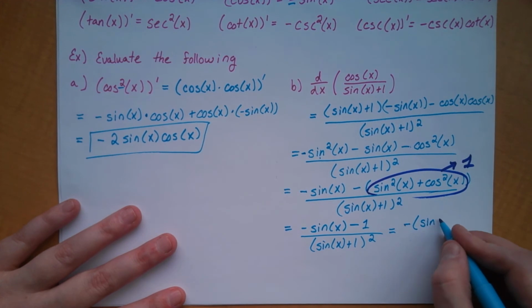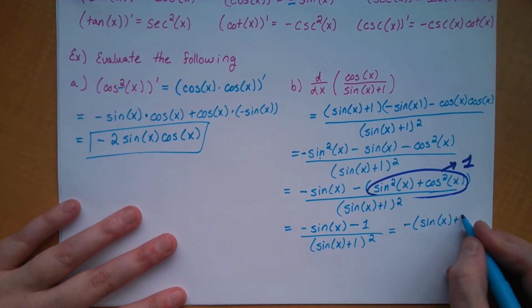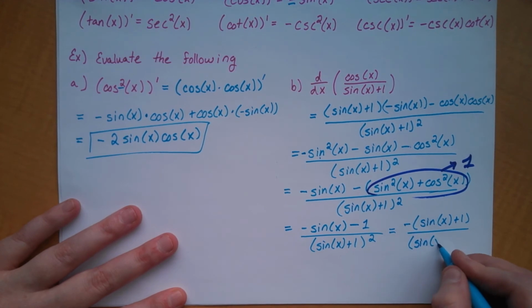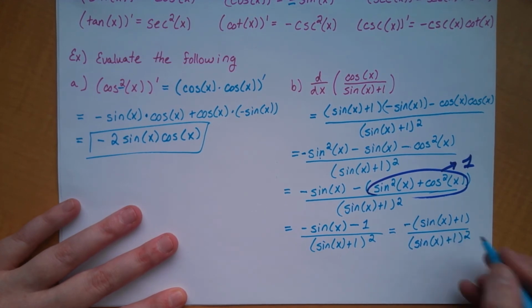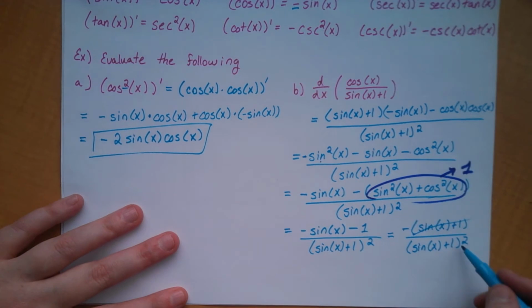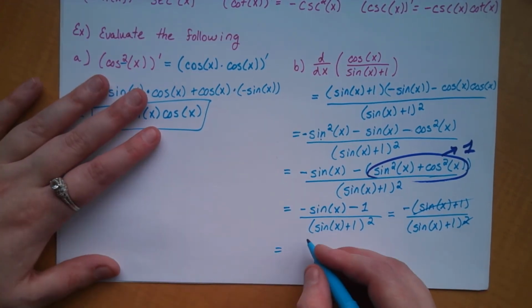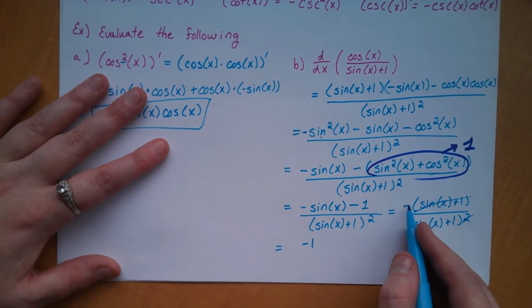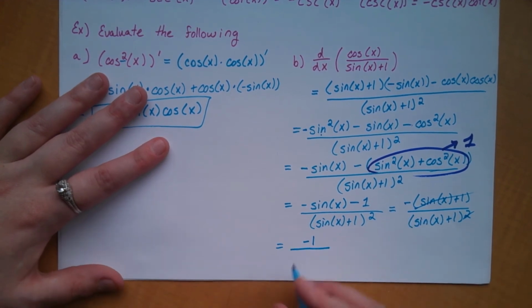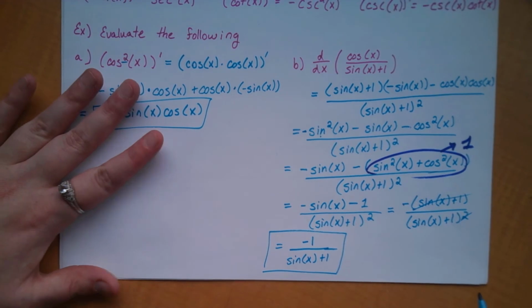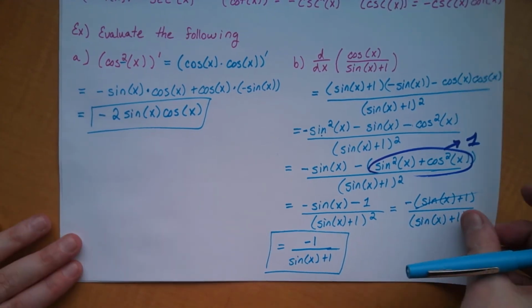Negative, sine x plus 1 divided by sine x plus 1 squared. Well, this guy will cancel with one of these. And my final solution will be, so let's see, that's going to be negative 1 on the top, so I still have that negative, divided by sine of x plus 1. I can't simplify that anymore, so that will be my solution.